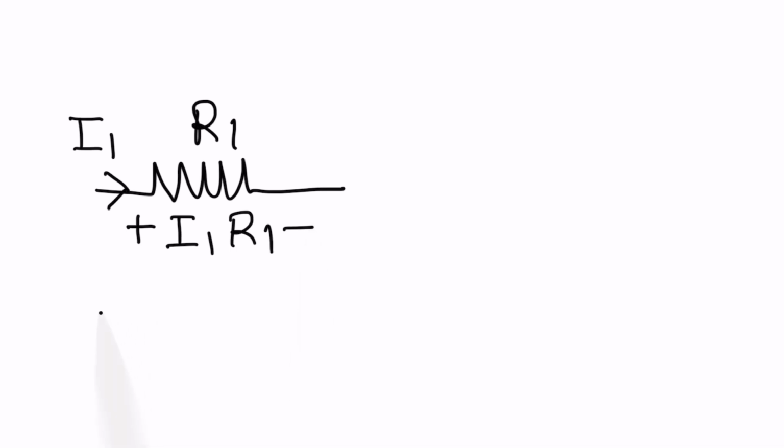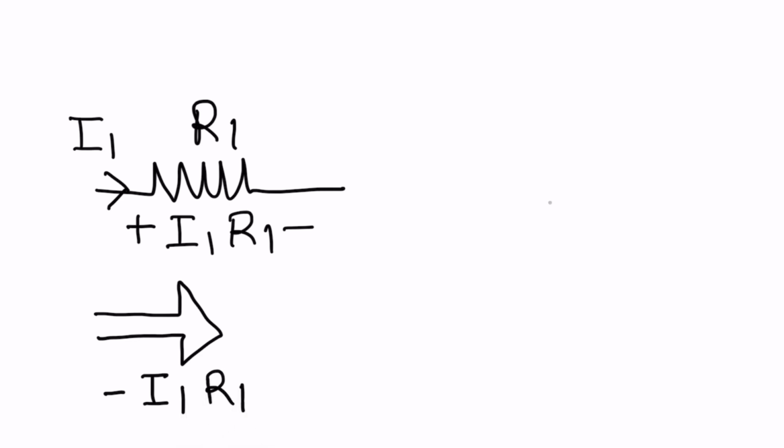Now let us assume that we are writing down the equation in this direction. So we are moving from plus sign to minus sign. It means that there is a drop in the potential. So we will write it down as minus I1 into R1.